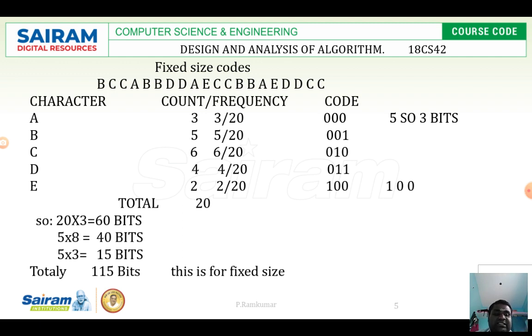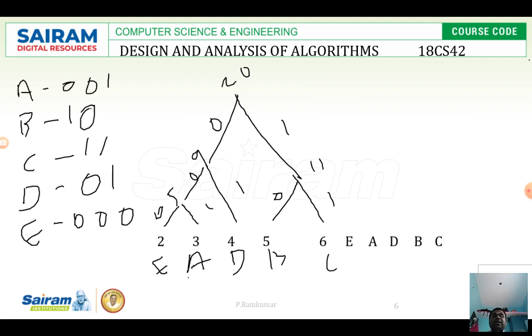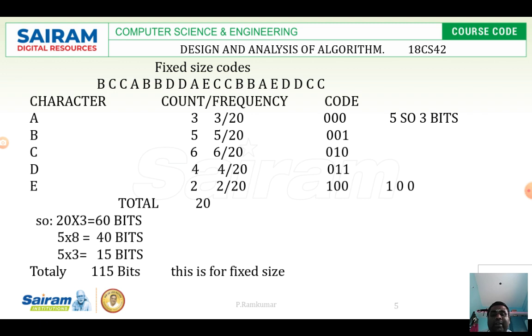So this is fixed size. Next, I am going to discuss variable size. For variable size, I am going to apply the Huffman technique. Here I know how many times each character appears in the given text.